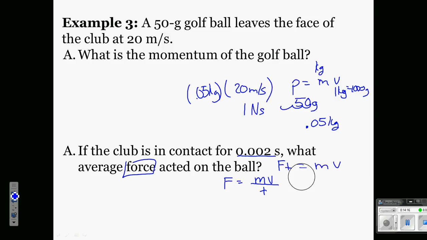We just move this to the other side by dividing it. That's how we got this. So if I put my mv, which I have up here, 1, and I divide it by 0.002 seconds, you get 500 newtons. That is the answer for that one.